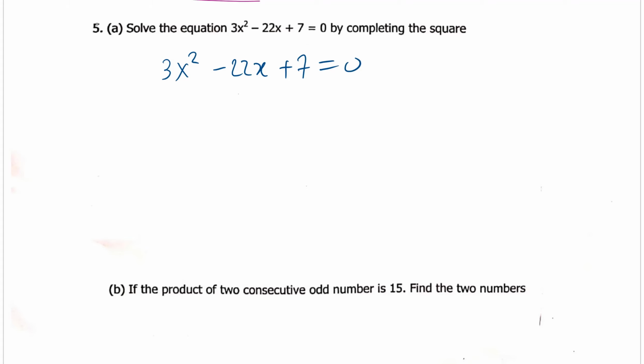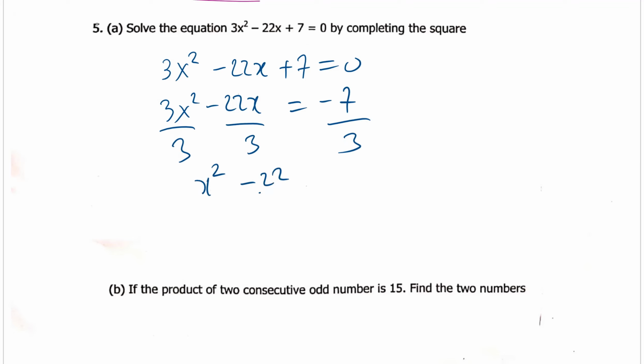Then take 7 to the other side, so 3x squared minus 22x equals negative 7. Then divide both sides by 3. Then we have x squared minus 22/3 x equals negative 7/3.